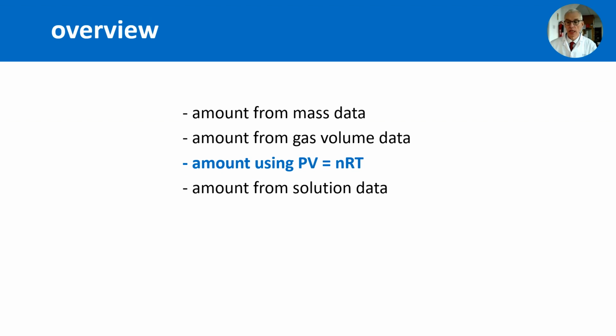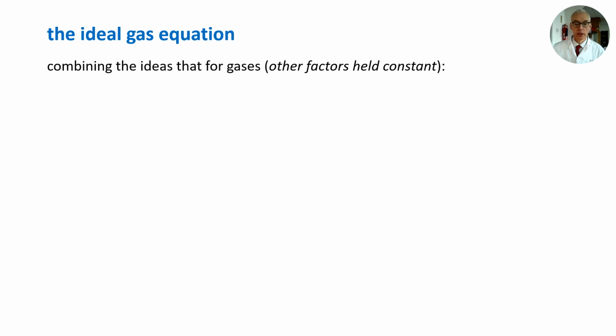Using the ideal gas equation, PV equals nRT. Just by way of introduction, we'll do a little background to the ideal gas equation. We're going to assume that volume is inversely proportional to pressure.